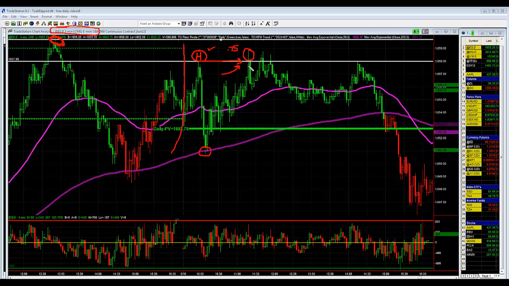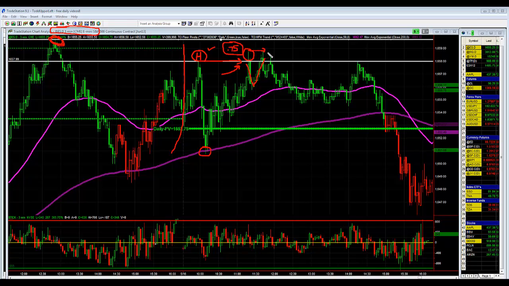When you get a test of a significant high, the high of the day and/or, in this case, the all-time high at 1659 3/4, and the day's high up until that point of 1658, the market came up, took it out by only 75 cents, then came down off the high, and then came up one more time and tested this high.